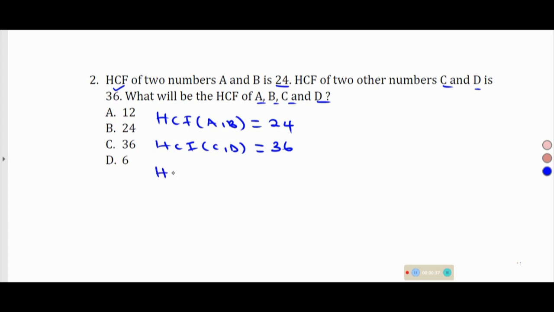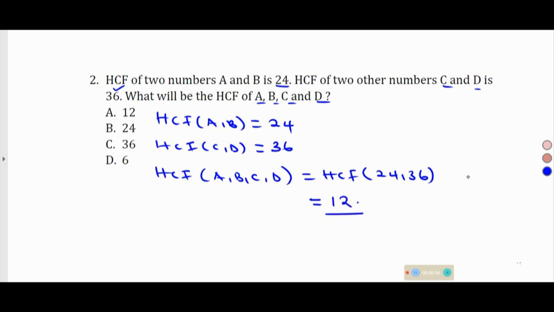So if we need the highest common factor of A, B, C, and D, we shall simply take the highest common factor of 24 and 36. And what is the highest common factor of 24 and 36? Highest common factor of 24 and 36 is simply 12.